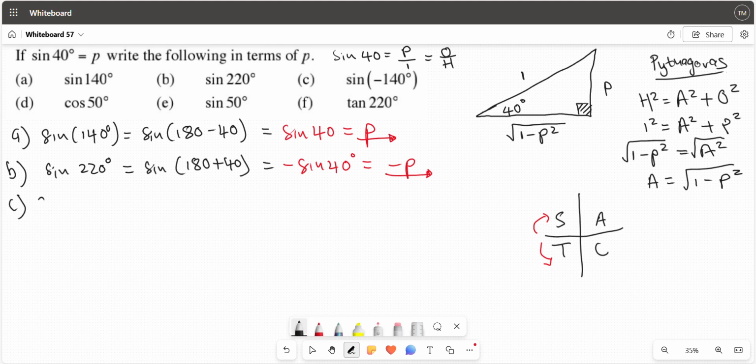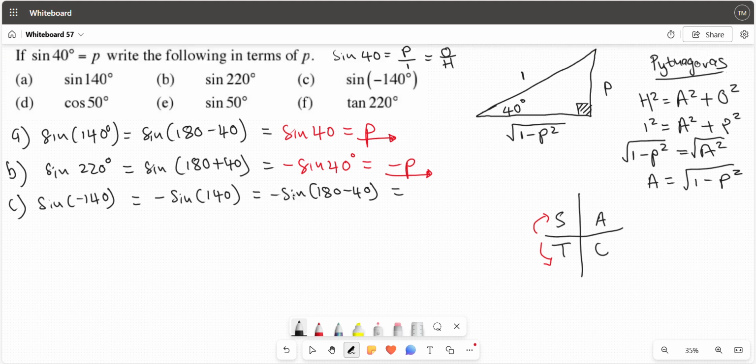C. What is sine of negative 140? Remember our negative angles: the sine and the tan will become a negative ratio. So this becomes a negative sine 140. Then I do some reduction again, which is 180 minus 40, and that puts me into the quadrant where sine is positive.